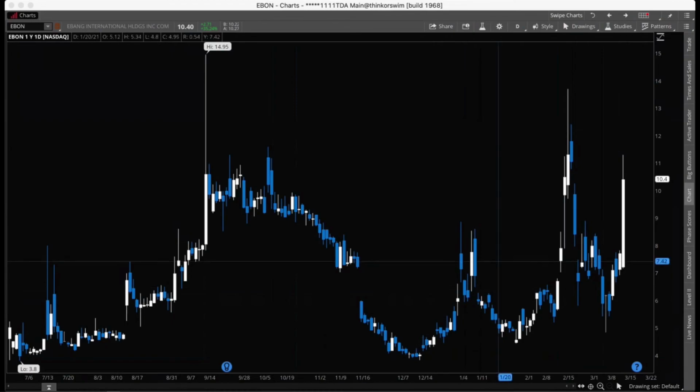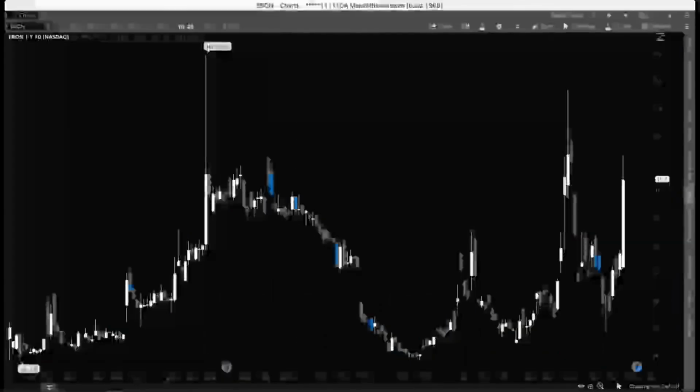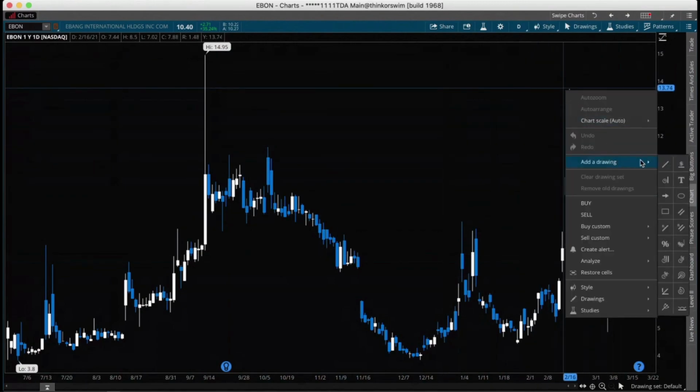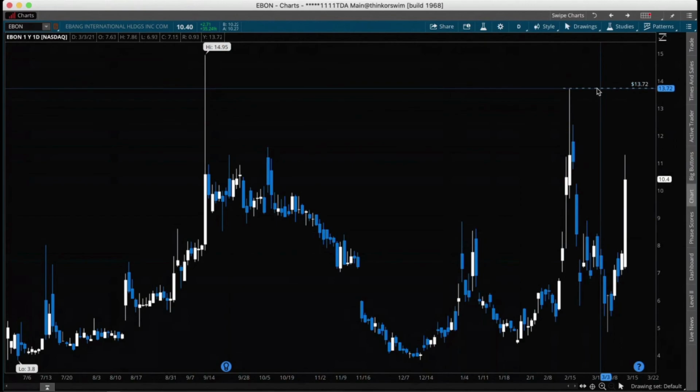I don't see any really big news on it. Okay, so it seems like it's basically a crypto exchange. It runs with crypto apparently. But as far as levels, you'd have one up here.